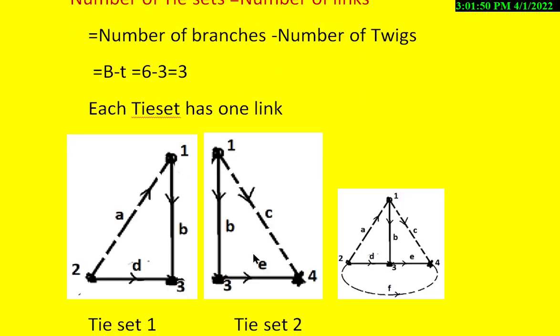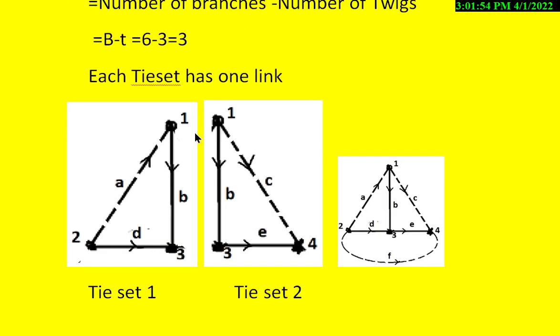So now we can draw each tie set like this. For the given graph, you have one link here, that is with A branch. Links are represented with the dotted lines, whereas the twigs are represented with the thick line like this, that is D and B. Similarly, there is another tie set like this.